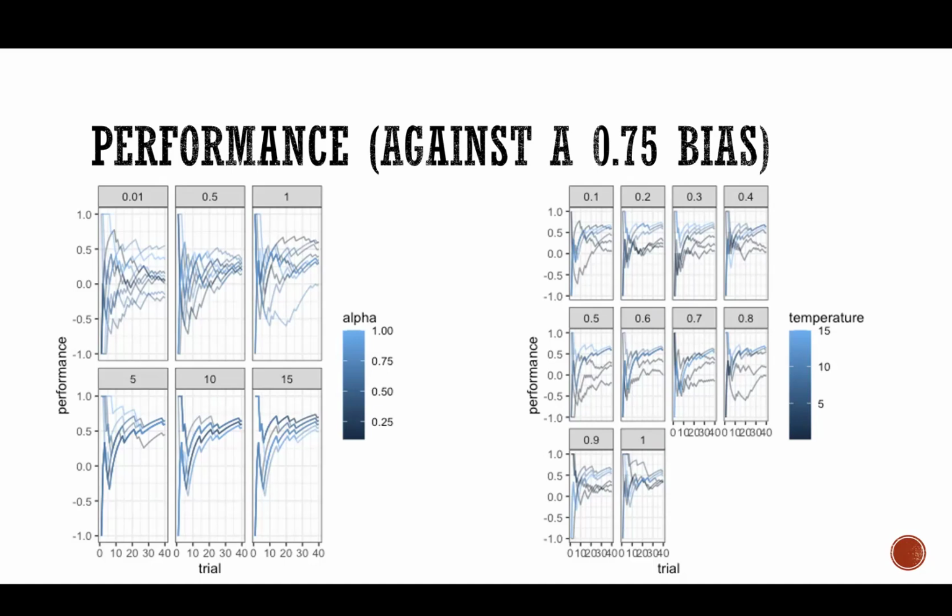If the environment is changing, you want to change your expected value just as quickly. But here it's actually the noisiness of the choice. And the higher the tau, the more deterministic the choice is. So that's what we're plotting.